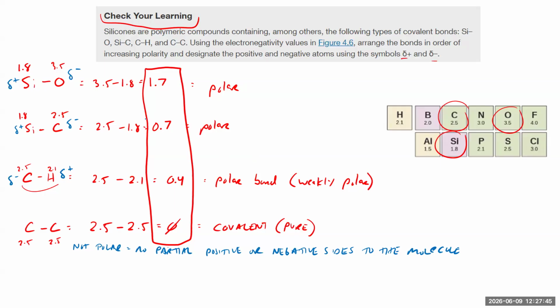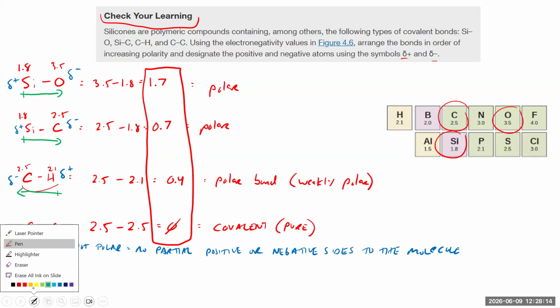Okay, so let's also draw polarity vectors or dipole moments, right? We're going to draw the arrow going toward the negative side, and we're going to put that little plus on the positive side. The arrow points toward where the electrons are going, with the little plus on the positive side. This one, there is none.